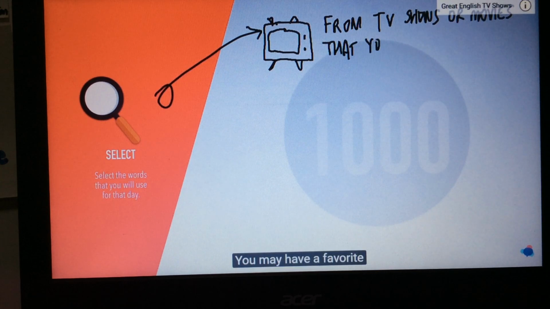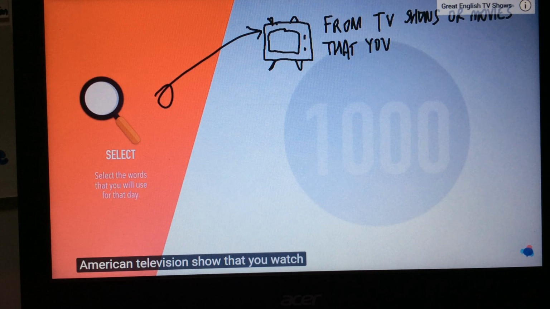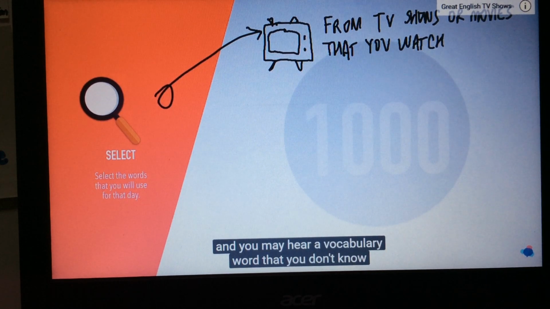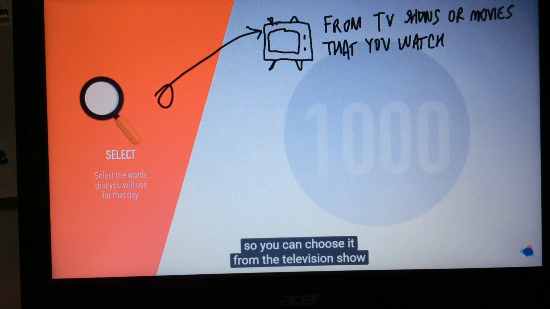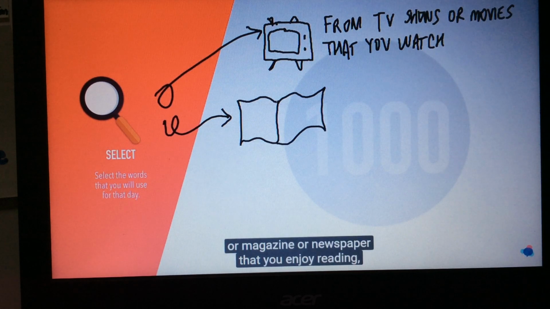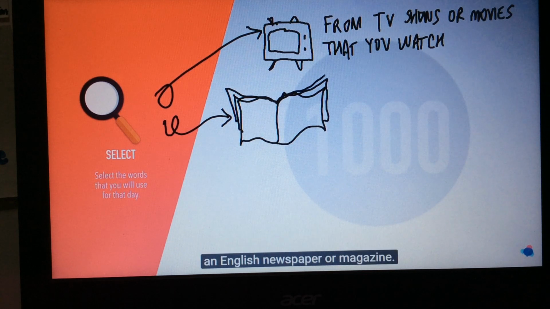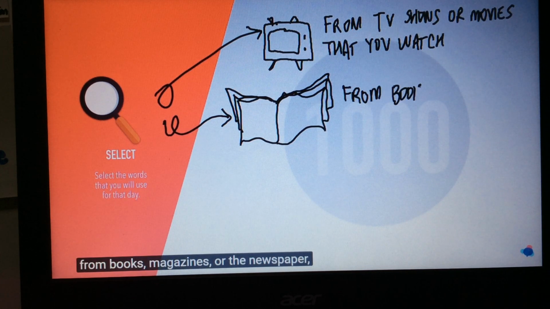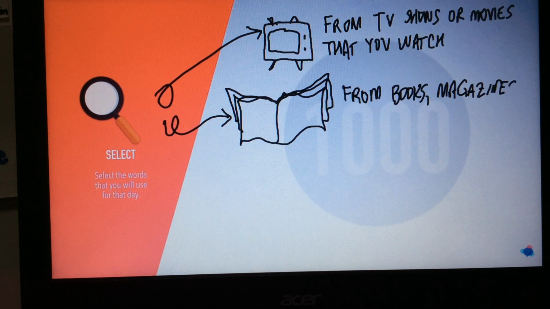You may have a favorite American television show that you watch, and you may hear a vocabulary word that you don't know. So you can choose it from the television show. Or you may even have a special book or magazine or newspaper that you enjoy reading, an English newspaper or magazine. So you can pick a vocabulary word from books, magazines, or the newspaper, okay?